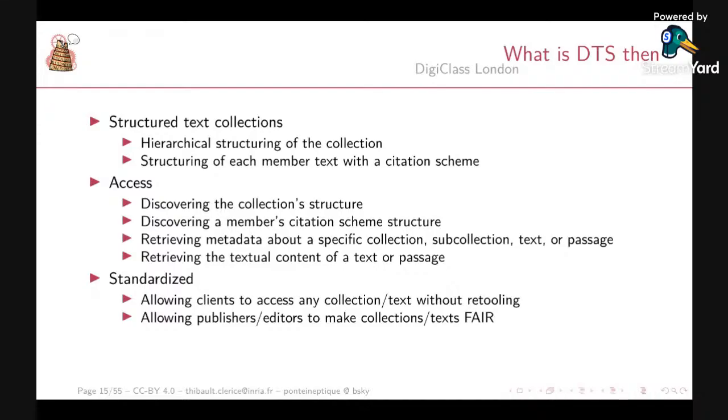You cannot have a loop, basically. And it needs to provide a way to discover a collection structure, to see how text can be cited, and most importantly, it's a way to make sharing text, but also chunks of text, much more easily on the web.